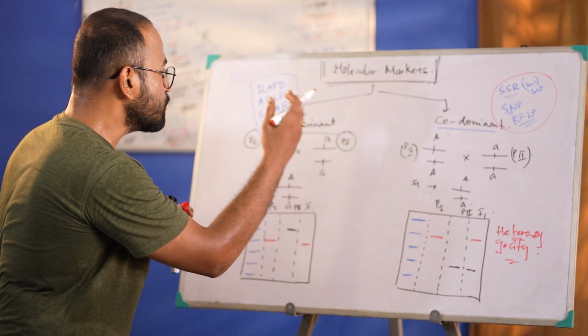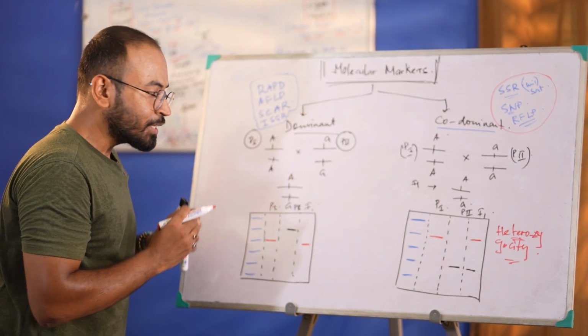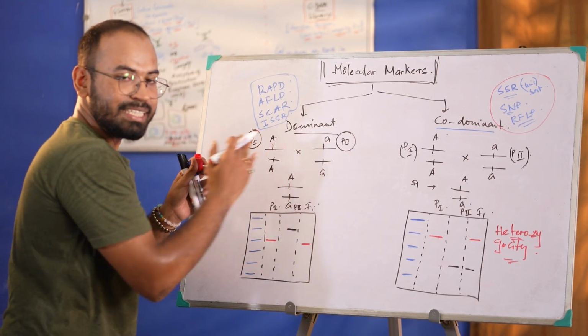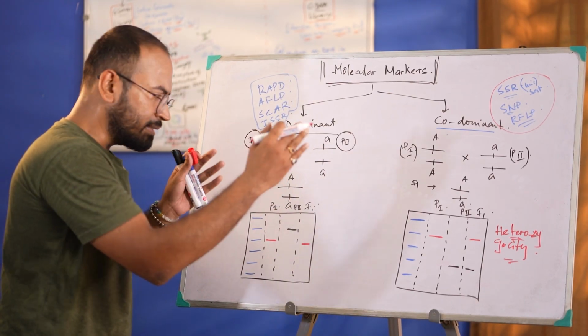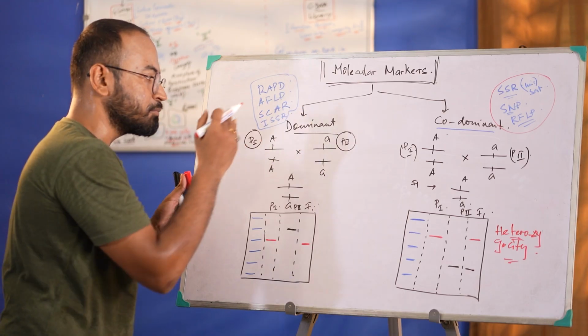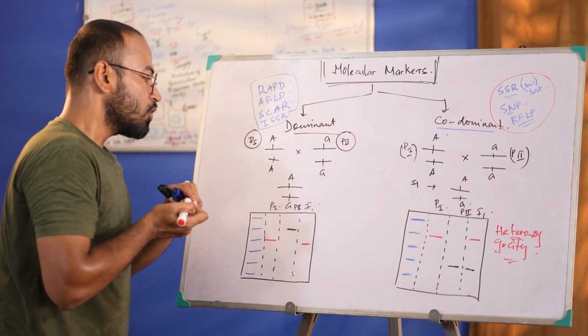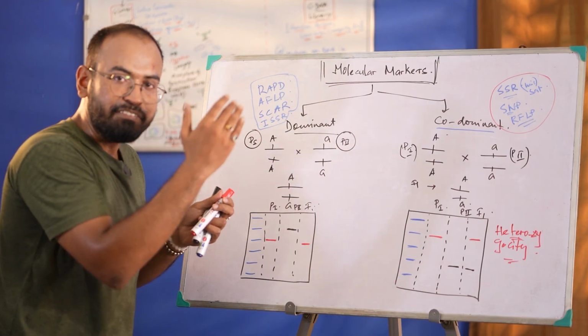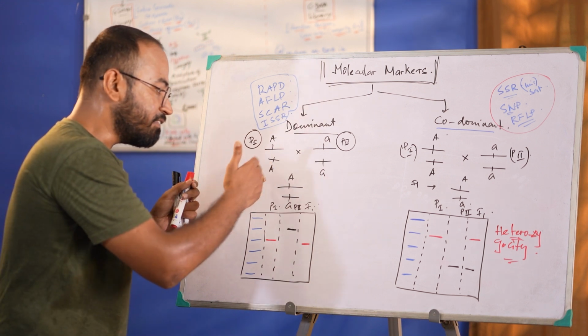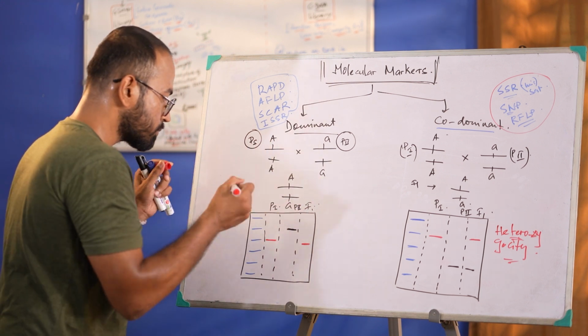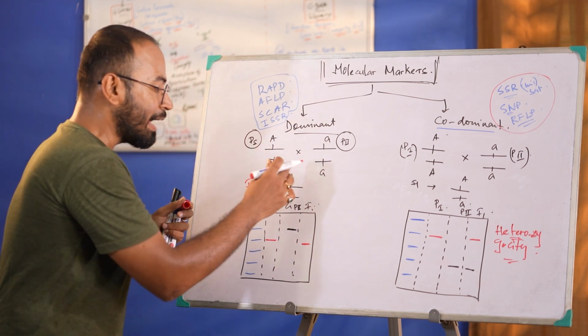But when it comes to dominance, we are observing a different scenario. Suppose capital A, small a, there is a region of the gene, and another parent, small a, has fragments quite different from each other. And in the first generation, F1, we are getting capital A and small a.